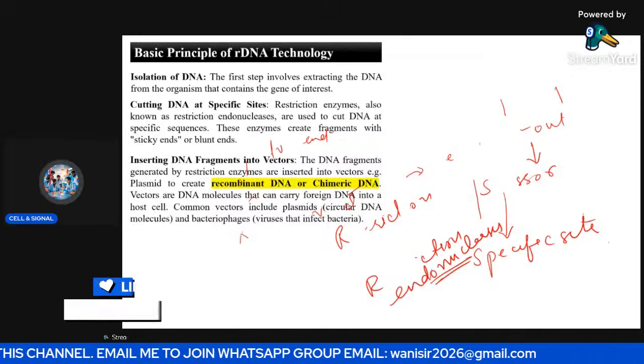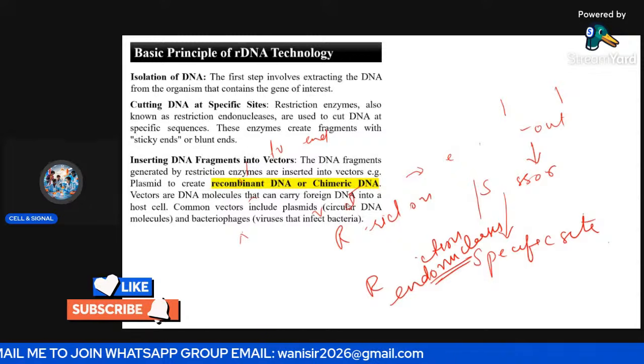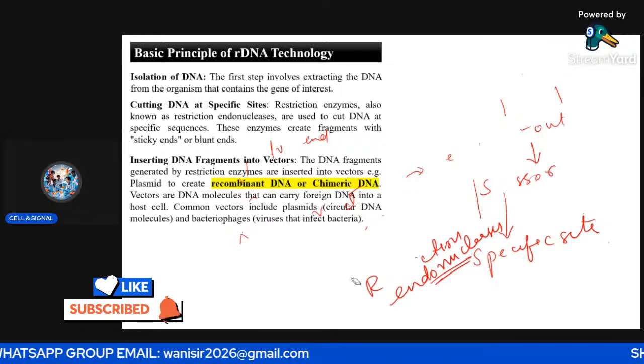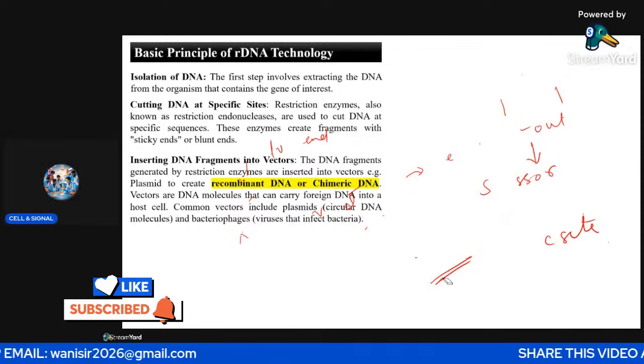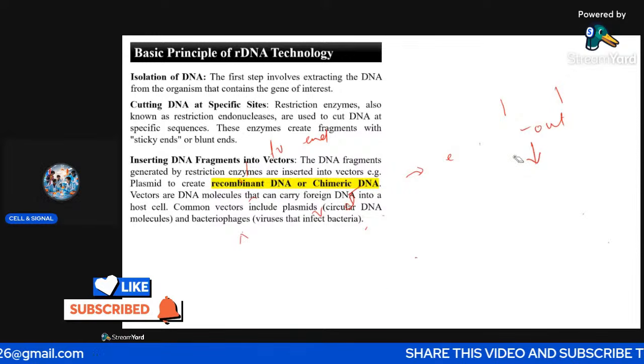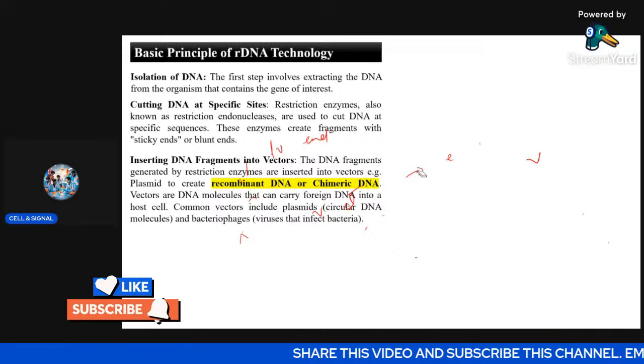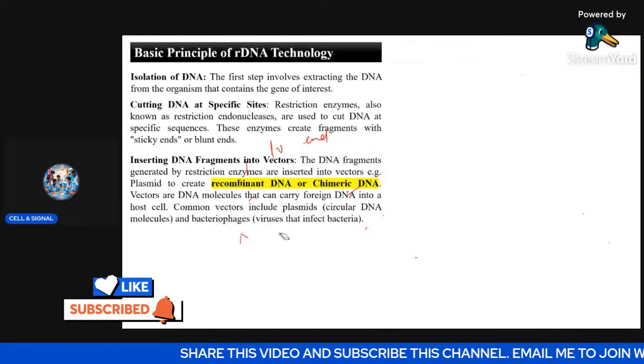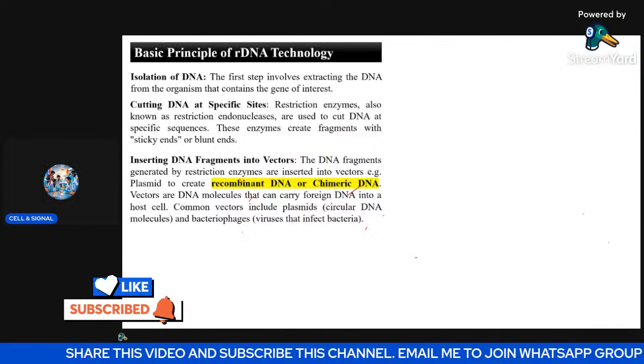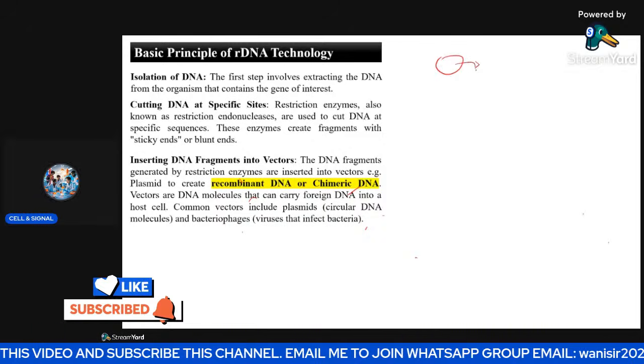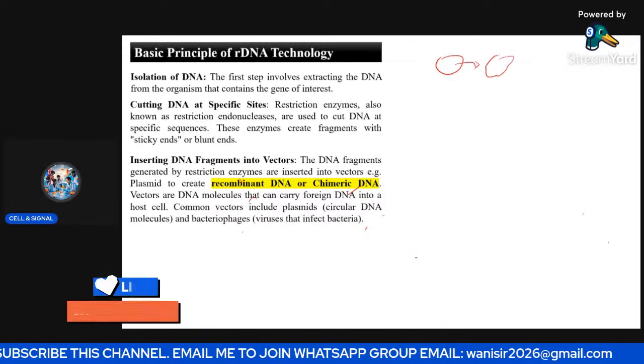Now, after that, what have we got? We have got the DNA. We have got the gene of interest from that DNA. First of all, we took the cells. We got the bacterial cells, and we isolated the DNA from it.